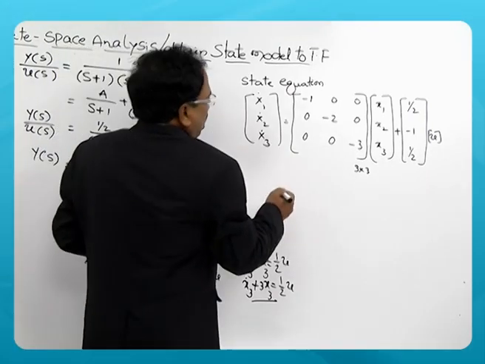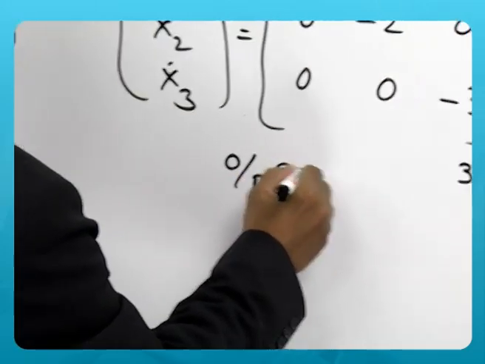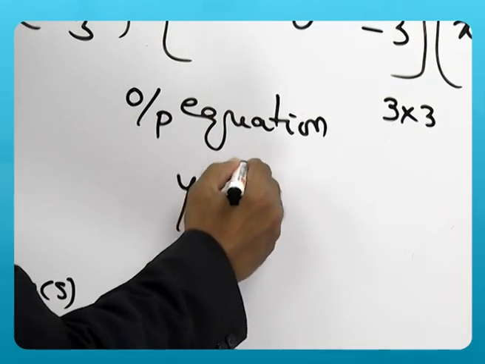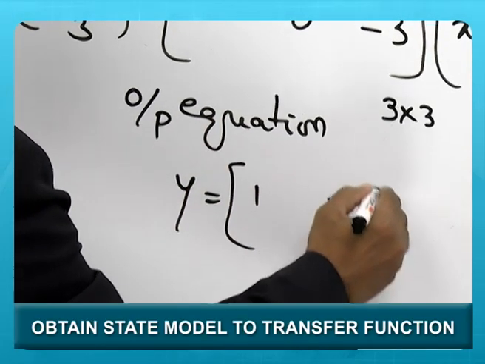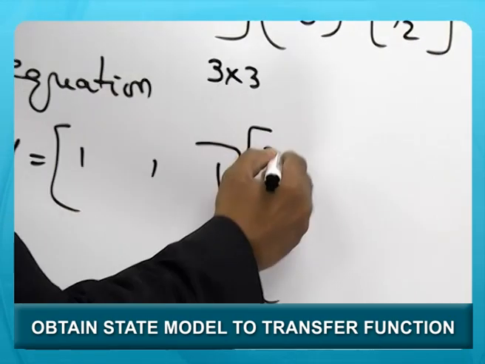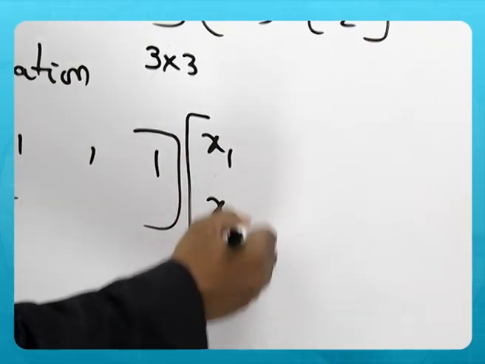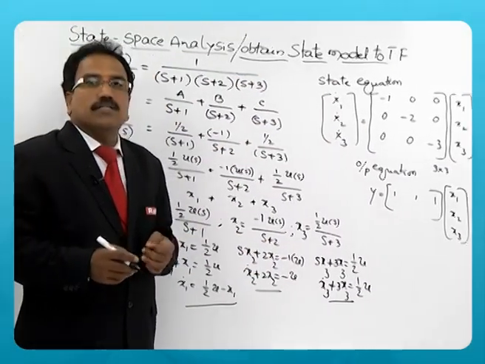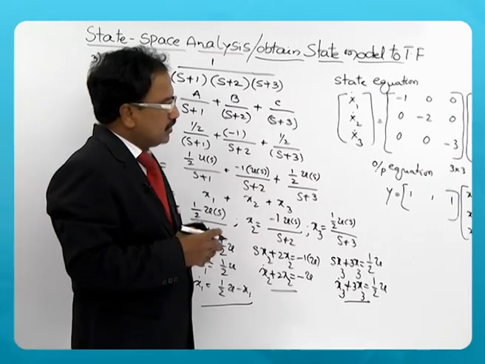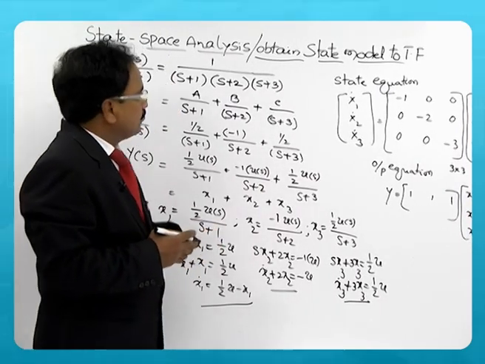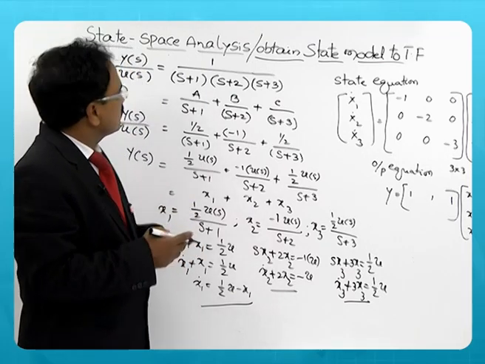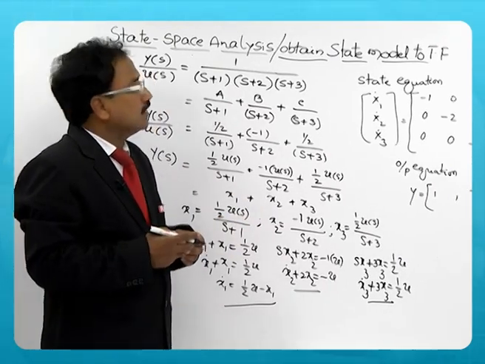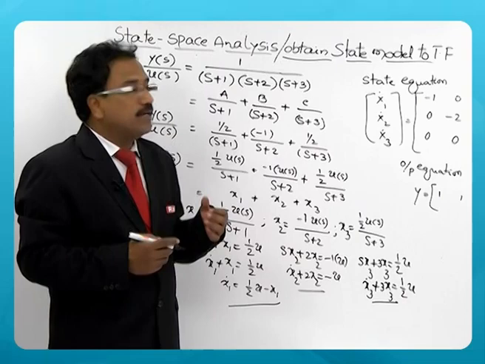So now the output equation: y is equal to 1, 1, 1 and x1, x2, x3. Generally we consider x1 and x2 and x3 are the state variables. So the output equation is given by y equal to 1x1 plus 1x2 plus 1x3. So this is the way we should get the state model for the given system which is described by a transfer function.